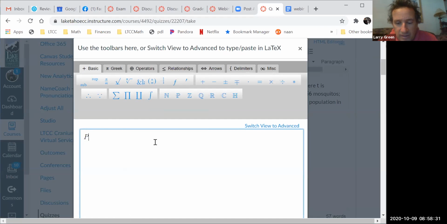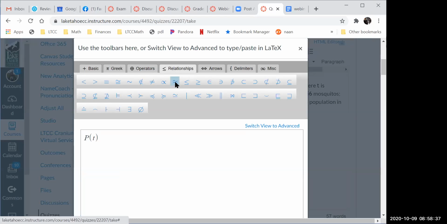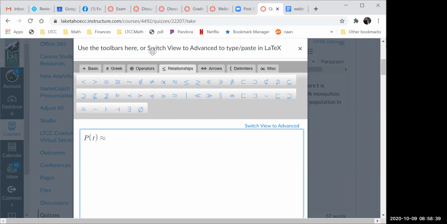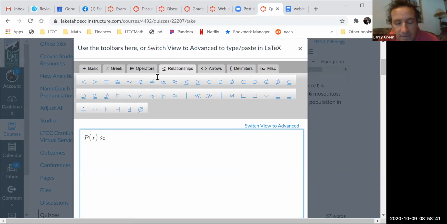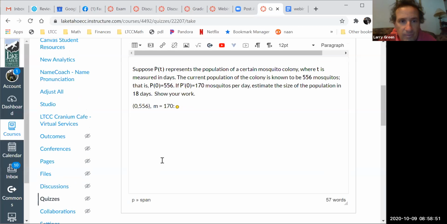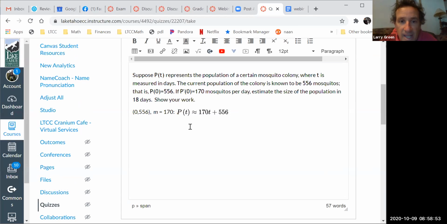So let's write this out. P of t is approximately equal to 170 t plus 556, if I remember right. Any questions on that?